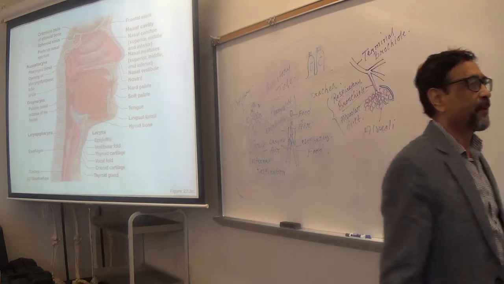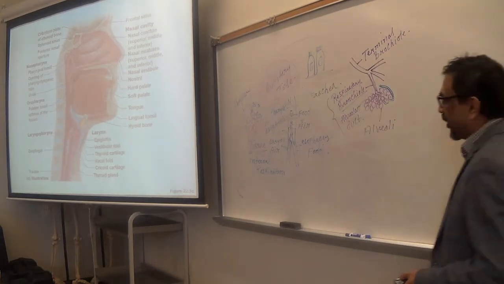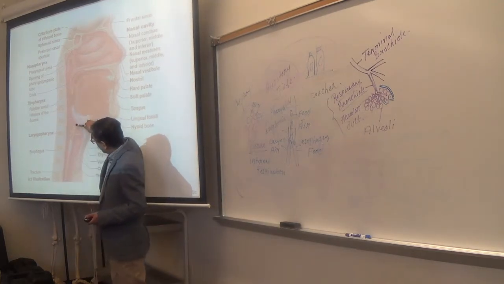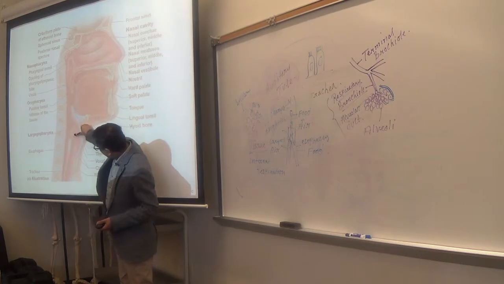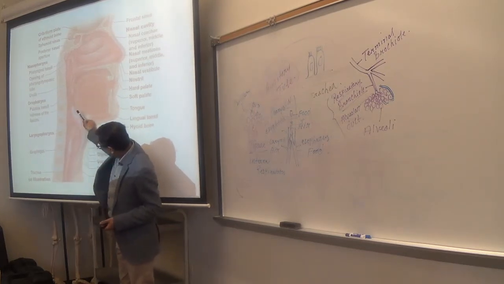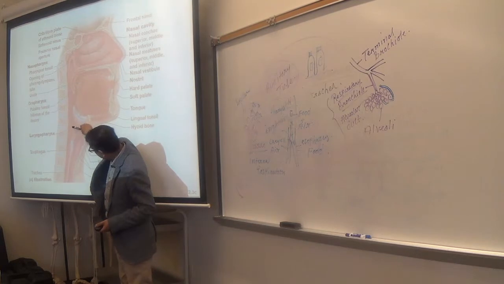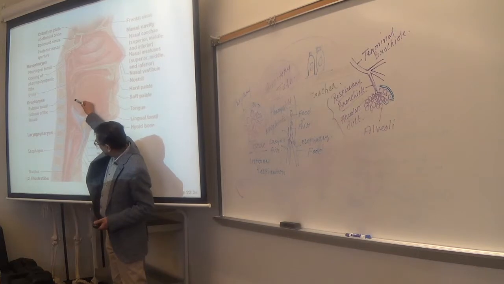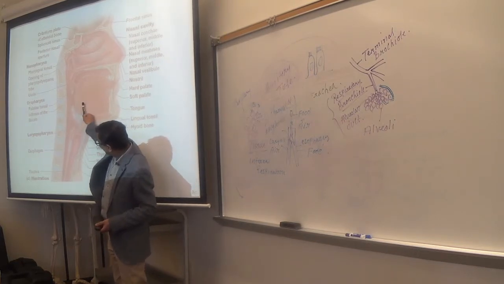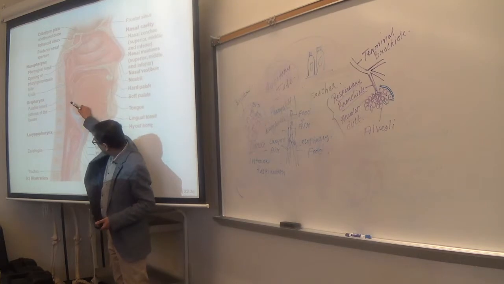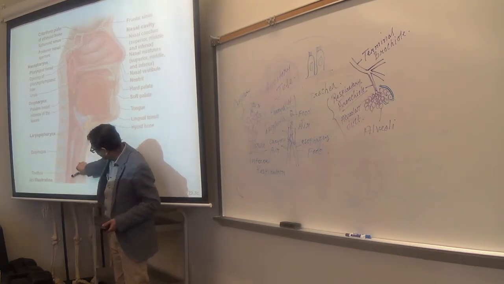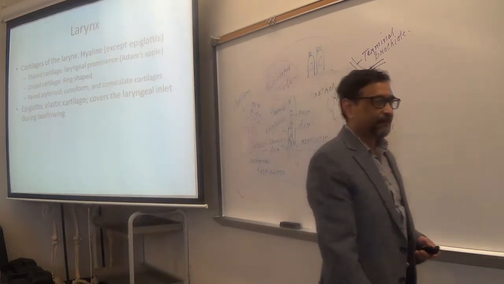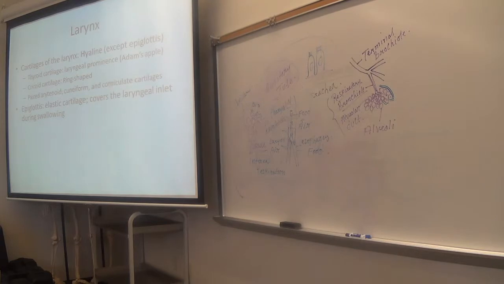And this is the epiglottis, which moves up to open the laryngeal inlet and moves down to close it. So when you inhale air, it stays open. When you swallow food, it goes down to close this passage. Food should only go into the esophagus.